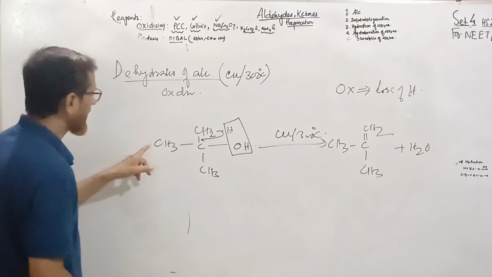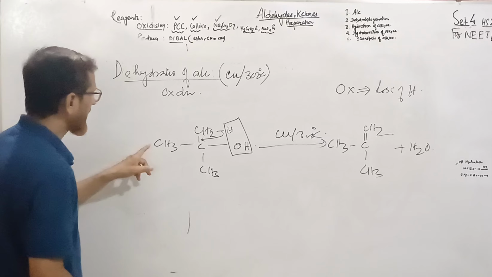Hence, it is very important. Another important point is that it does not affect a double bond. If anywhere in the chain of the reactant there is a double bond, it doesn't affect it. So due to this nature, pyridinium chlorochromate is very important.